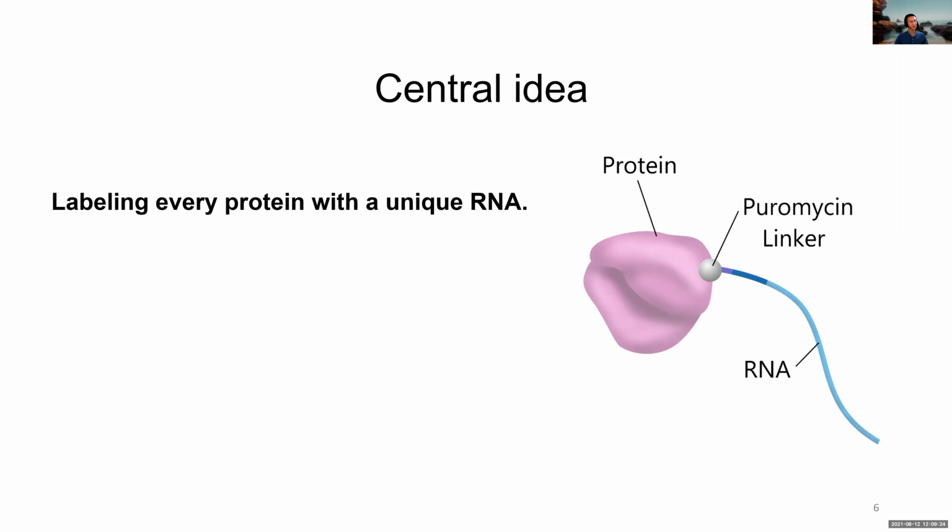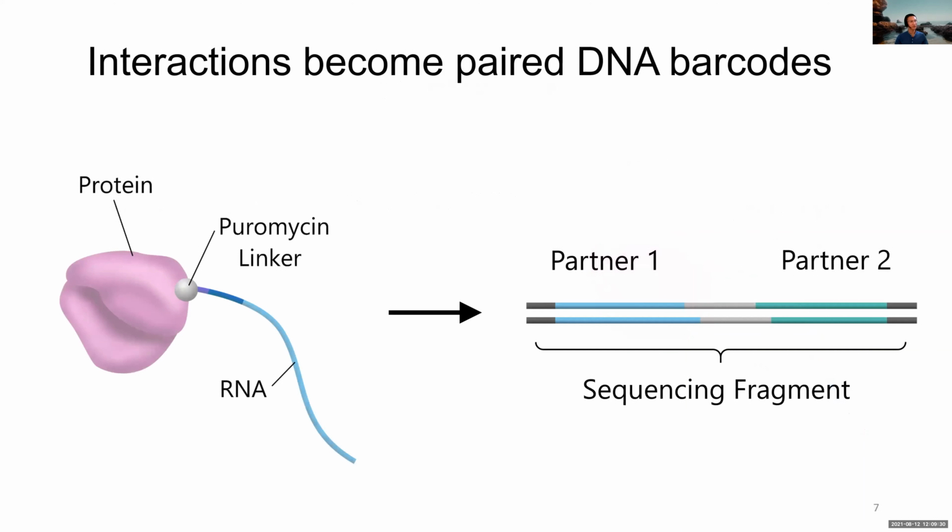So if this can be done to many proteins at once, then we could imagine that possibly for all the interacting protein pairs, we might be able to connect their labeling RNA together to form a chimeric sequence, and then through RNA sequencing simultaneously sequence the pair of RNAs ligated to the pair of interacting proteins. That is the central idea of this PROPER-seq technique.